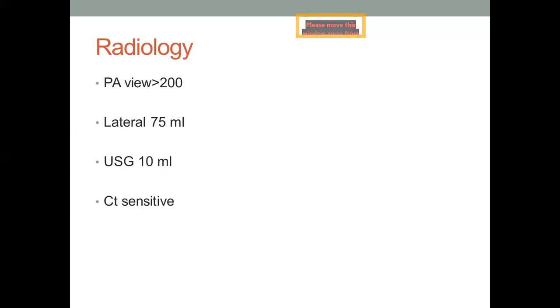Also loculation and septation can be seen on ultrasound in pleural effusion. And CT scan is more sensitive than chest X-ray and ultrasound.